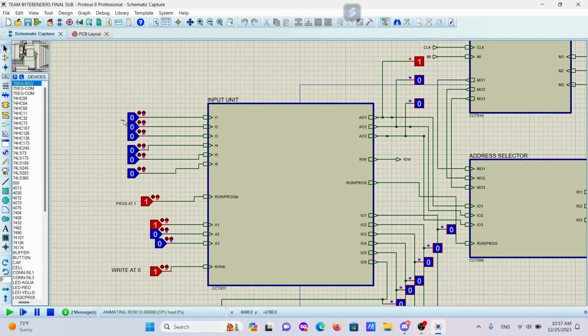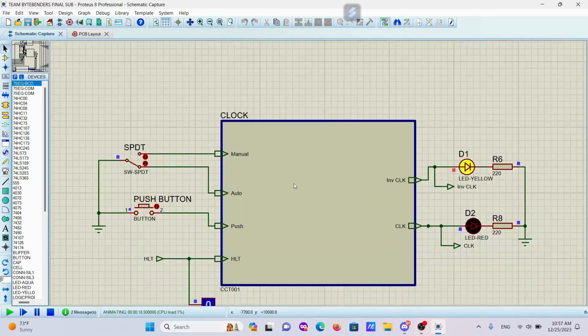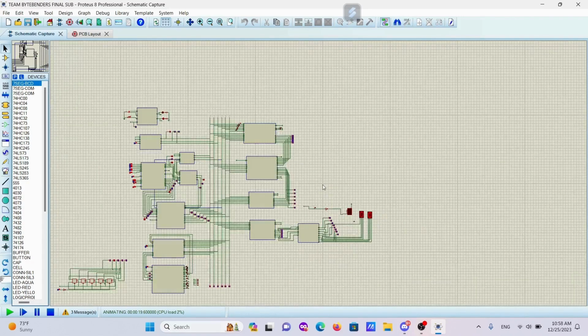So here we are giving the first number 0, and at 101 we will give 1 because we want to subtract 1 from 0. Okay. Then we are running the program and let's see what the result will be. It should be -1. So let's wait.